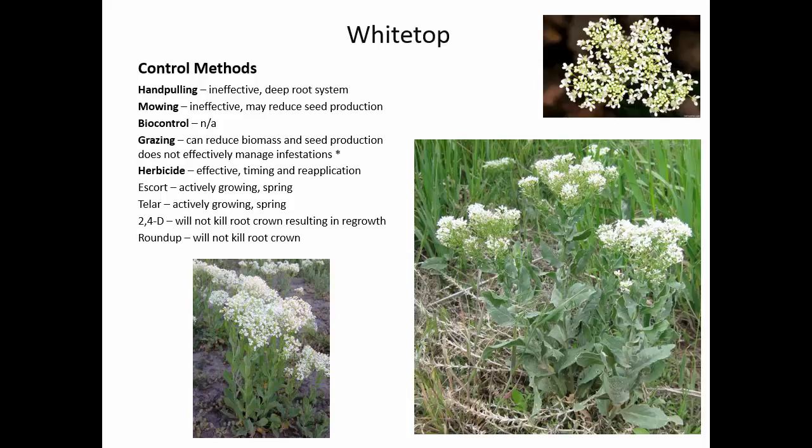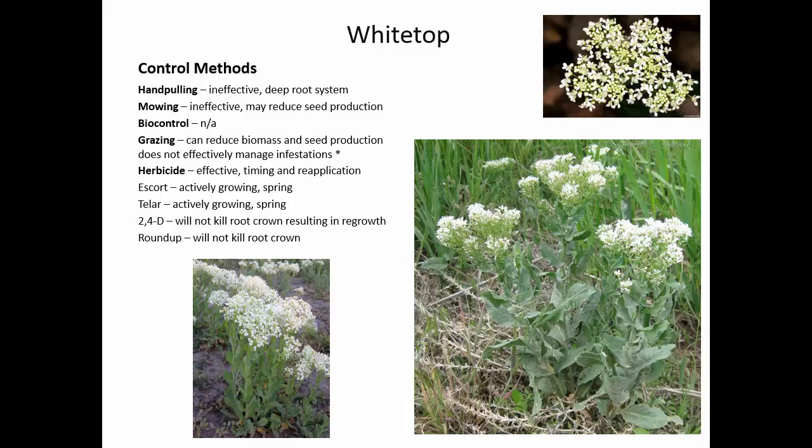Not real easy to hand pull because of its deep roots. It just comes back. Same with mowing. If you mow, you're going to deplete that seed source, but it's still growing vegetatively underground. No biocontrols that I know of yet.